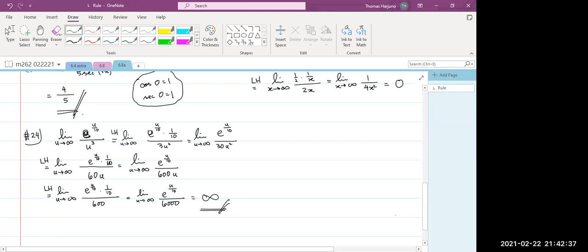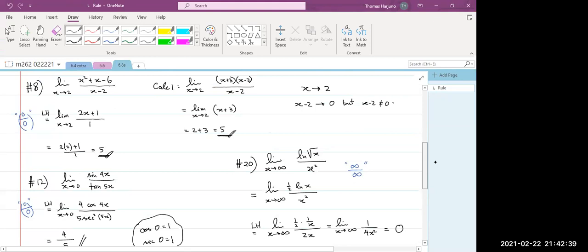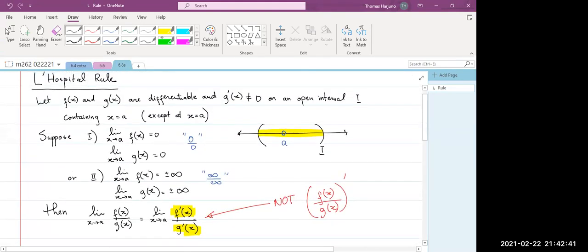Now 0 over 0 or infinity over infinity, these two are called indeterminate form. It can be anything.